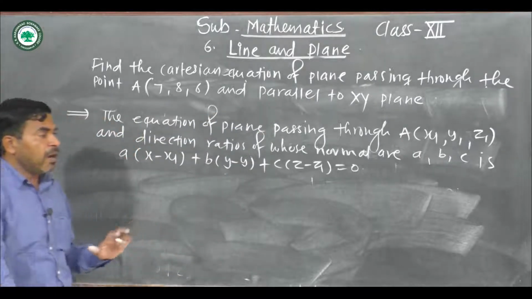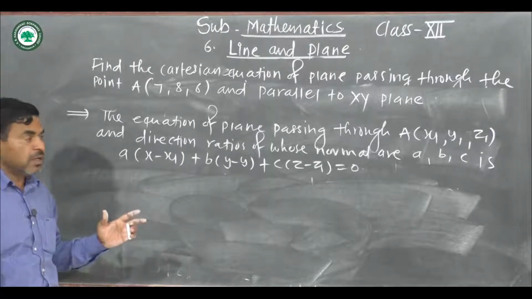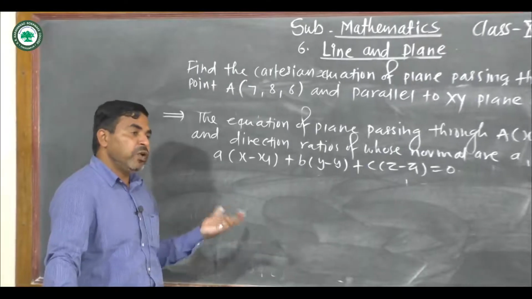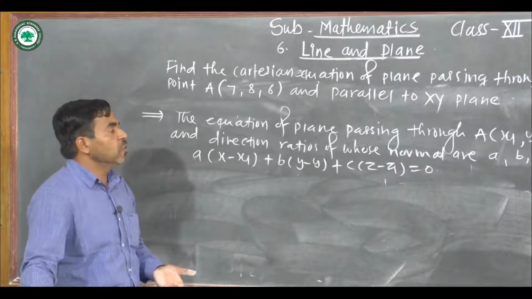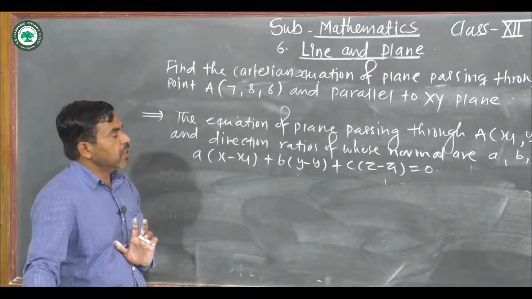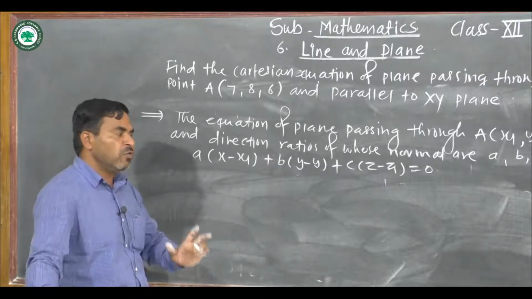The plane is parallel to the XY plane and the normal to the XY plane is the Z axis, and we know that the direction ratios of the Z axis are 0, 0, 1. So the direction ratios of the normal to the XY plane are 0, 0, 1.